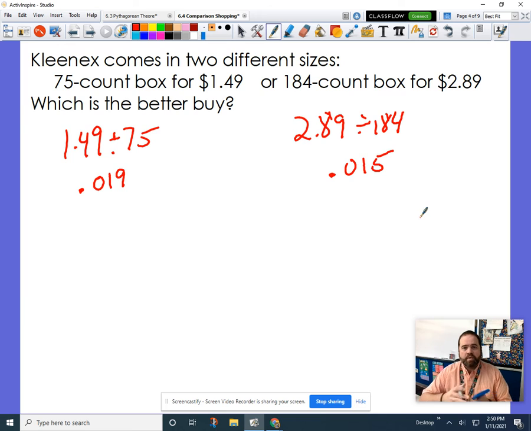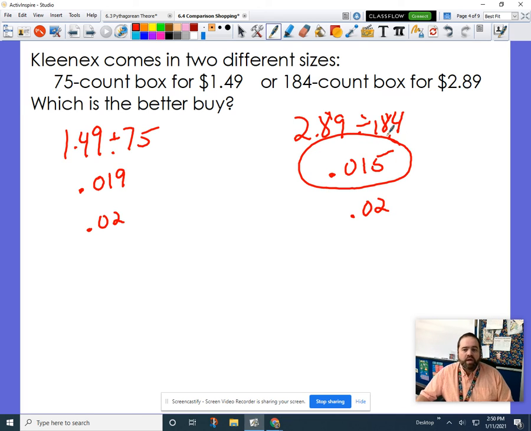This is what I was talking about, where you go out a little bit further so you can really compare. If you rounded these to just two decimal places, this one would be 2 cents and this one would be 2 cents. But this one is actually the slightly better buy, right? You just need to go out a little bit further as far as the decimal goes.